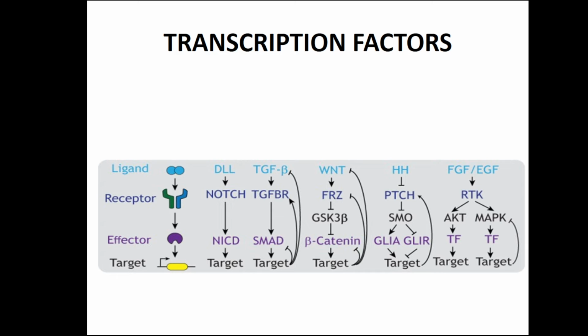And again, I need to say that all signal pathways have a special but same structure: ligand, receptor, effector, target. And next, about the effector, we will speak more about transcription factors. What is it and how does it work.